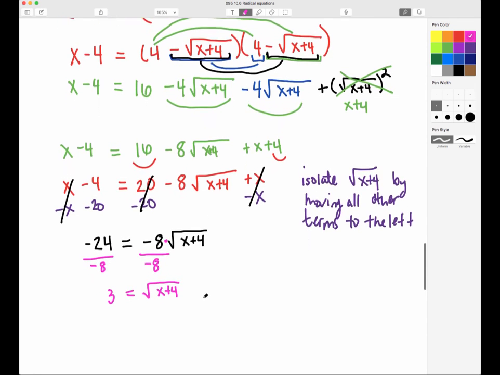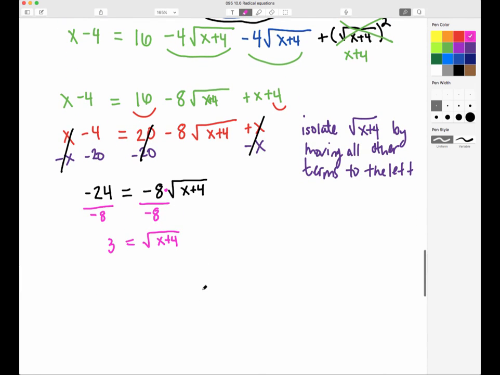All right, we're getting into the home stretch here. My goal was to isolate this square root. I have done that. So it's kind of like back to the drawing board. Isolate your radical, look at the index. So it's a square. So now I will use the square on both sides so that I can get rid of my radical sign.